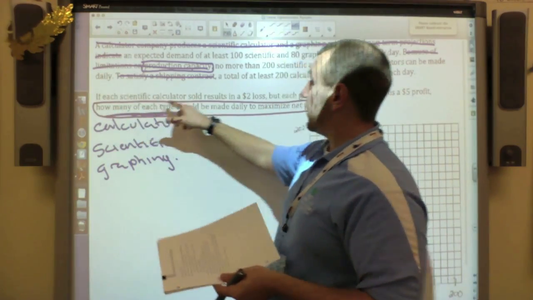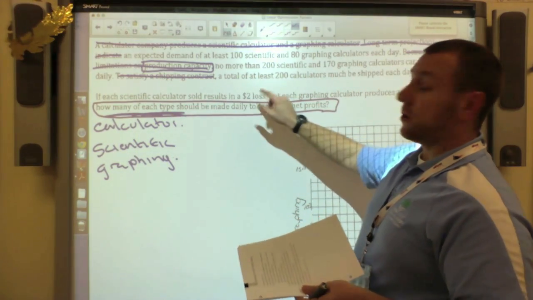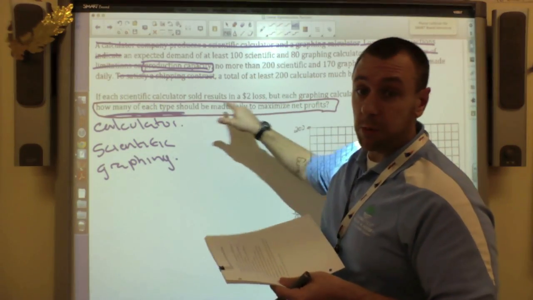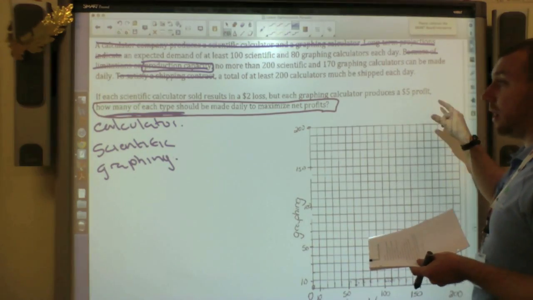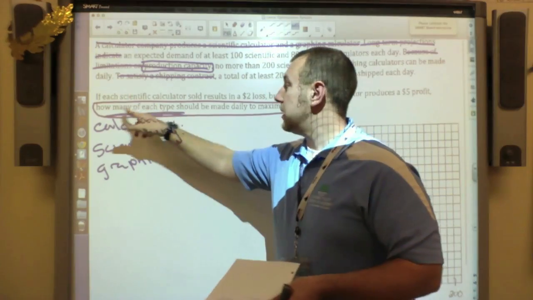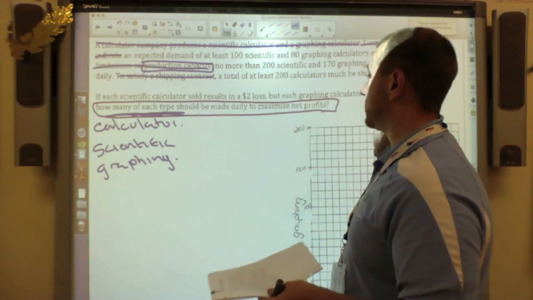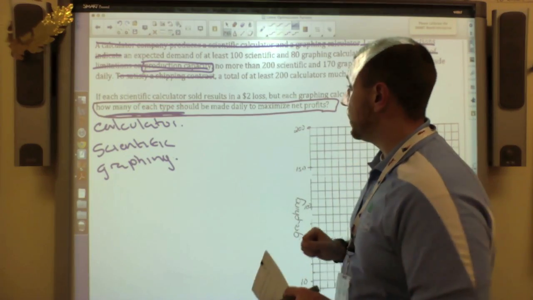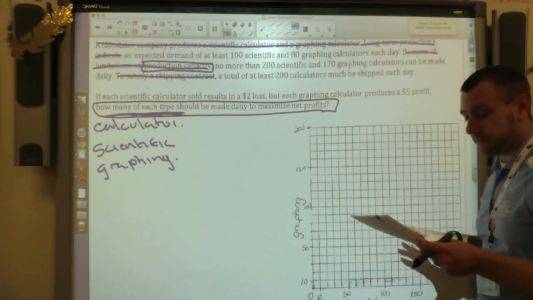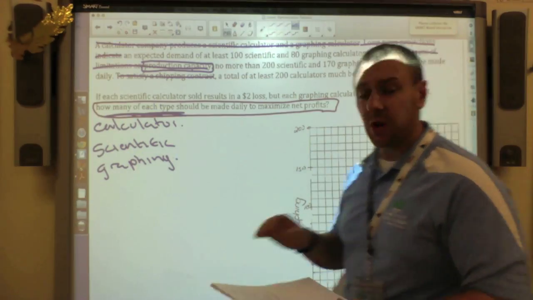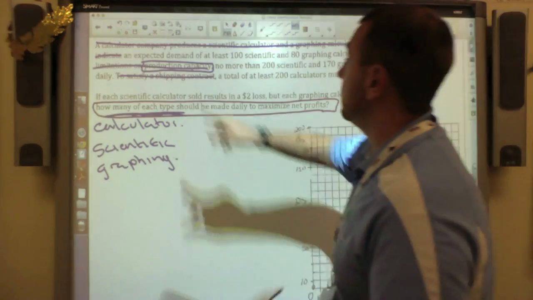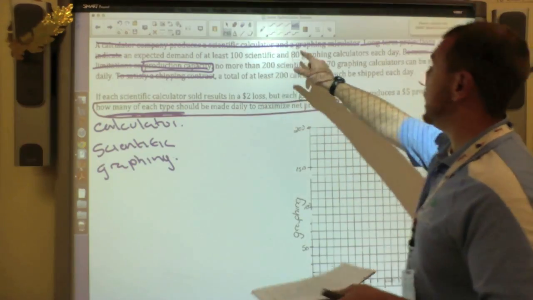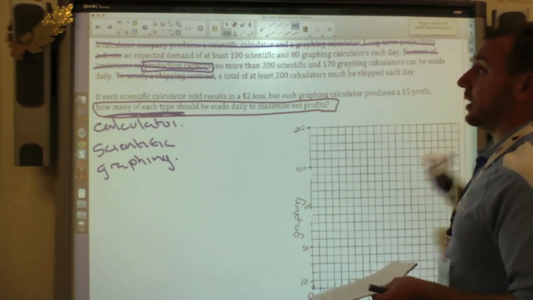If each scientific calculator sold results in a $2 loss, that's important, but each graphing calculator produces a $5 profit, how many of each type should be made daily to maximize net profits? So that's all very important. So I'm just going to reread this math problem. An expected demand of at least 100 scientific and 80 graphing calculators each day.